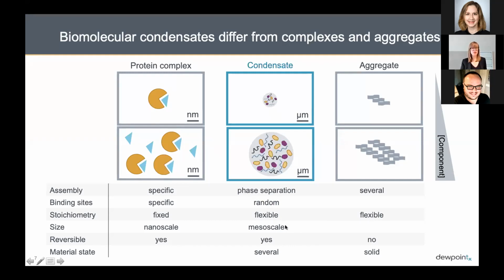Moreover, their size is in the mesoscale. One key difference that differentiates condensates from aggregates is that condensates are reversible in nature and aggregates are not. Another difference is that aggregates are solid, whereas condensates can adopt several material states.